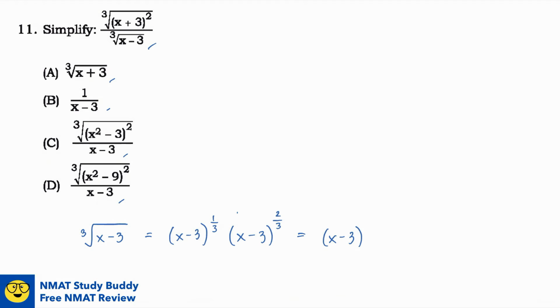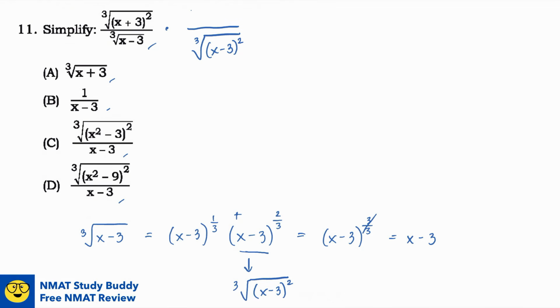Kapag pinag-add mo yung 1/3 plus 2/3, equal yan sa 3/3. So, makakancel na yung cube root. Mawawala yung cube root. So, kapag minultiply mo siya sa x minus 3 raised to 2/3, magiging x minus 3 na lang yung denominator. Let's multiply. So, this can also be written as cube root of x minus 3 raised to 2. So, sige, let's multiply to cube root of x minus 3 raised to 2.